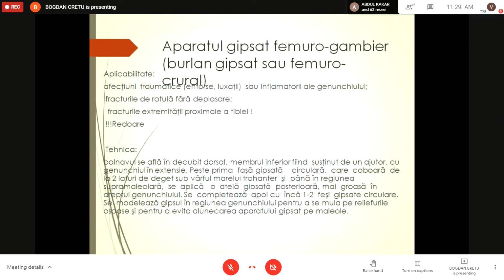The femoral gambier immobilization is used usually for sprains in the knee, after reducing a patellar dislocation, or different inflammations around the knee.